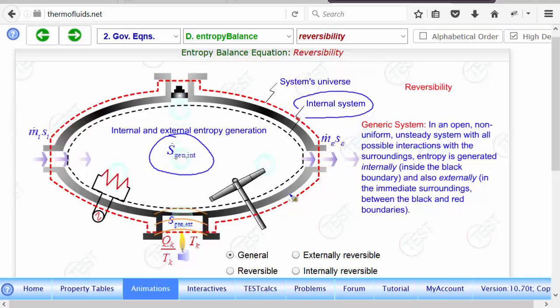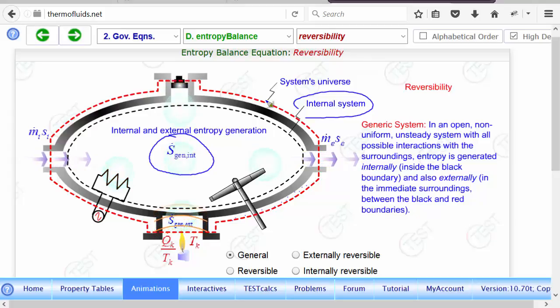Whereas there could be entropy generation right outside because of heat transfer, etc., and that will be called S dot gen external, as shown here. The red boundary, on the other hand, encompasses all possible thermodynamic friction anywhere because of this system, and it's called the system's universe.